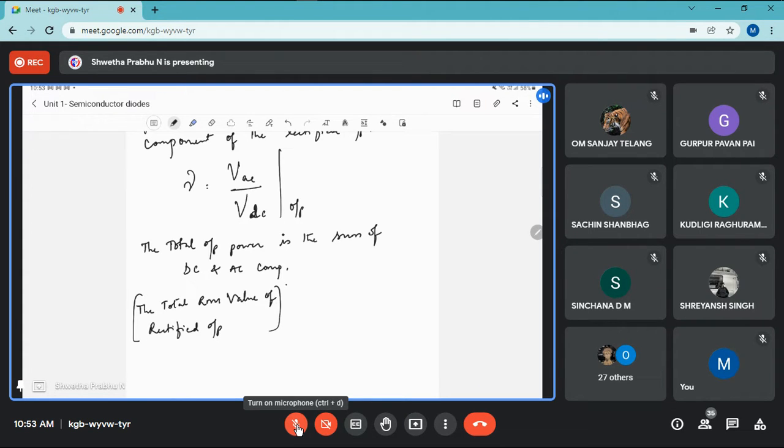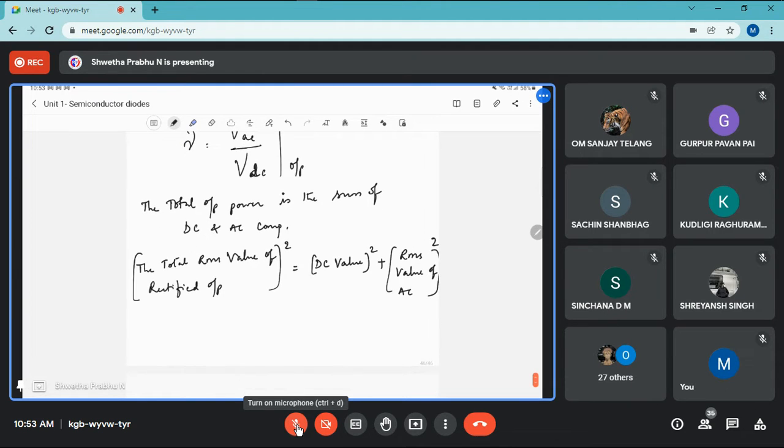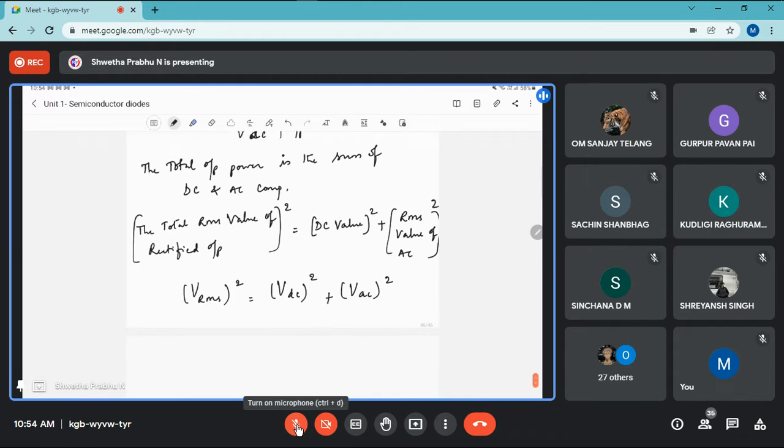Since I am considering the voltage, I'll square this one and equate that to the sum of DC and AC. So VRMS the whole square is equal to VDC the whole square plus VAC the whole square.